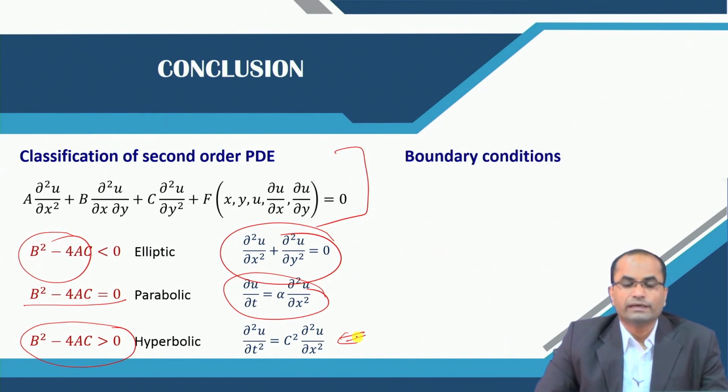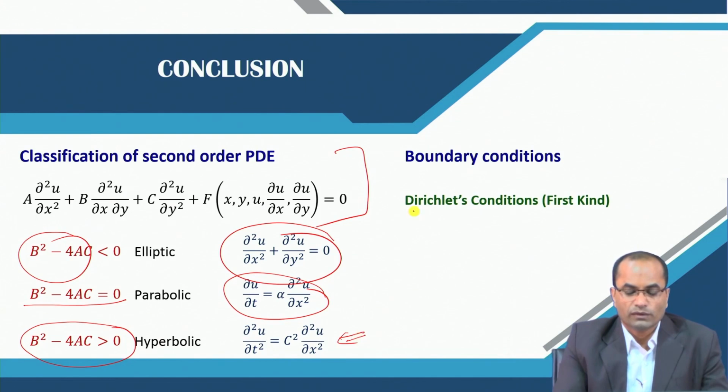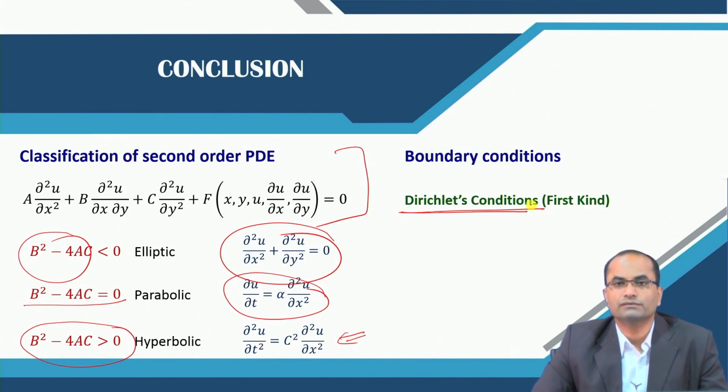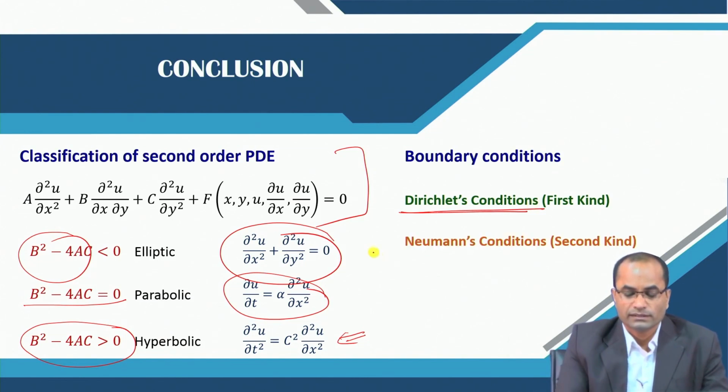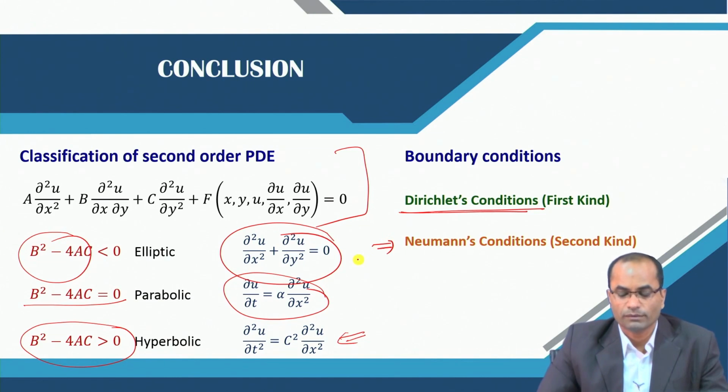We have discussed various boundary conditions. The first one was the Dirichlet boundary condition, where the value of the dependent variable is prescribed directly as a function of the independent variable or a constant. In the second type, the Neumann boundary condition, the derivative information is provided at the boundaries, or it can be a function of the independent variable.